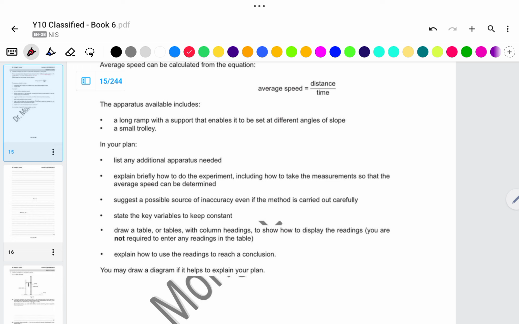First part, they said list any additional apparatus needed. Well, okay, I have a ramp and I'm supposed to use it at different angles and a trolley. So I need something to measure the distance, something for the time, and something for my angles.